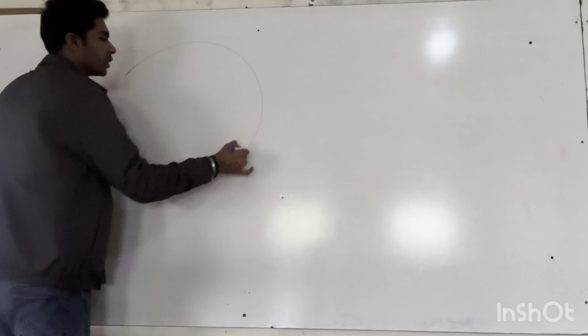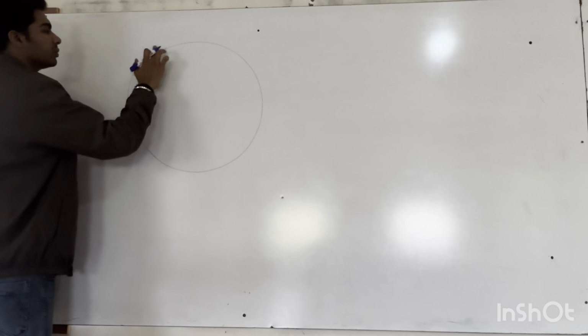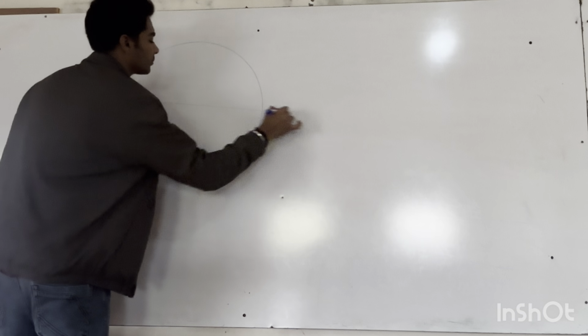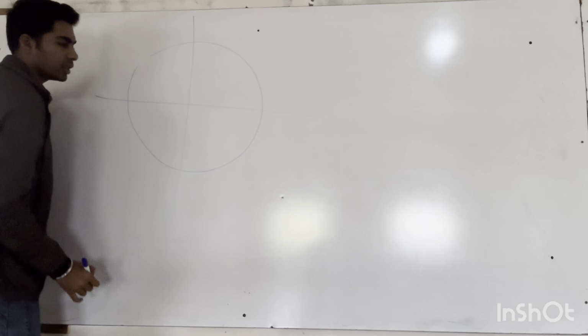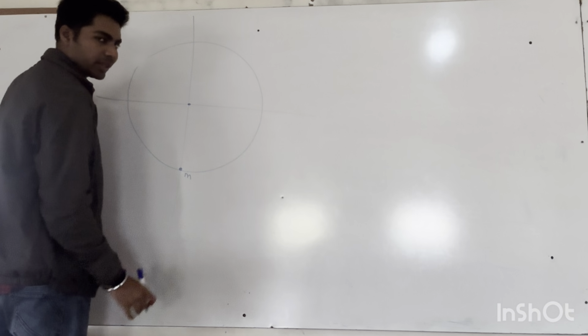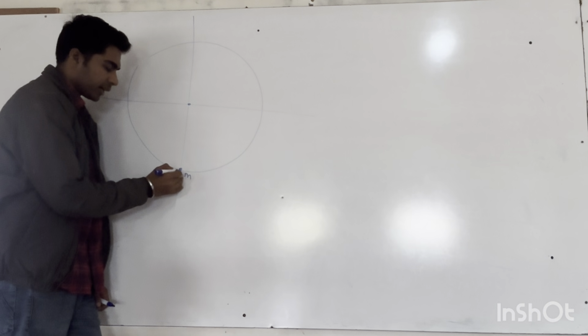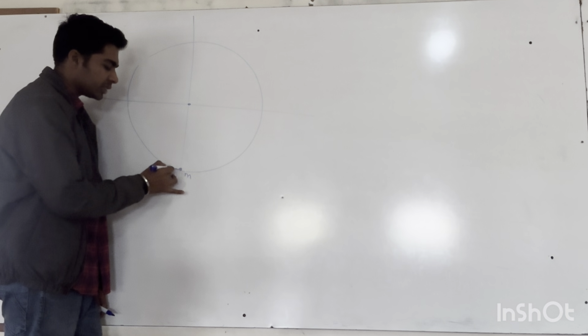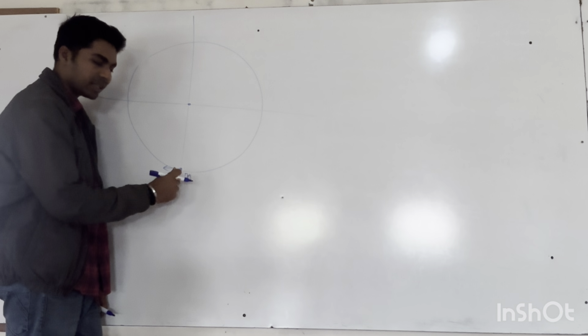So, further to this, what will happen to our particle? We saw that the particle was at the lowermost point m, and at this point, the net tangential force on the particle was ma in this direction.